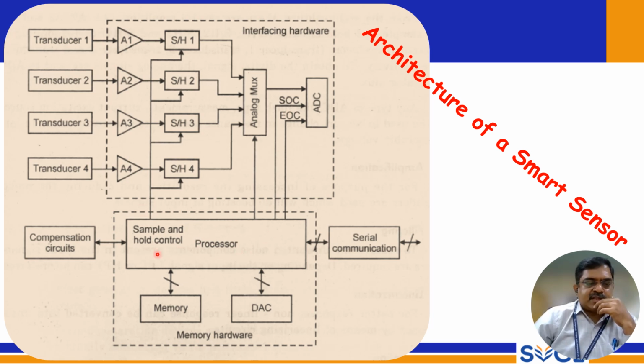So this is the sample and hold circuitry, and compensation circuits are attached to the processor, and serial communication to other devices is connected here, and memory and DAC. This is memory hardware, this is interfacing hardware, and this is the transducer stage.